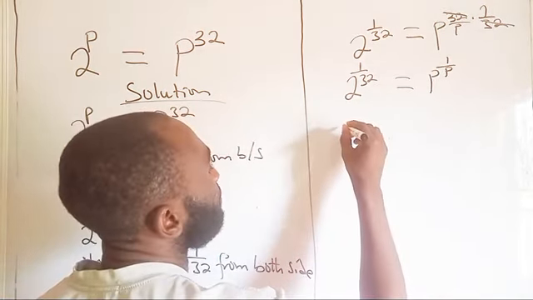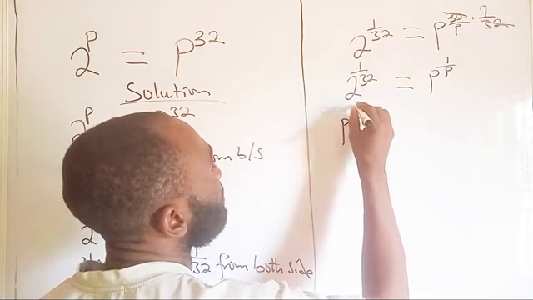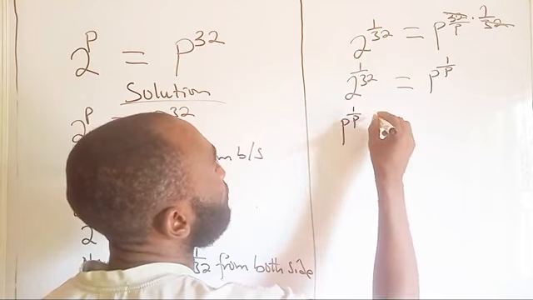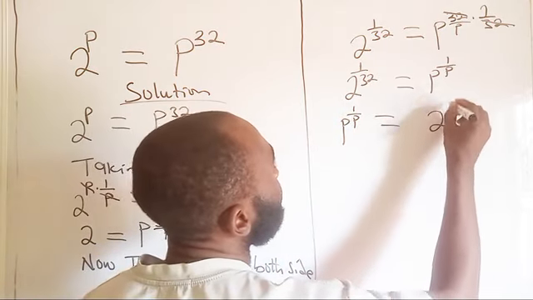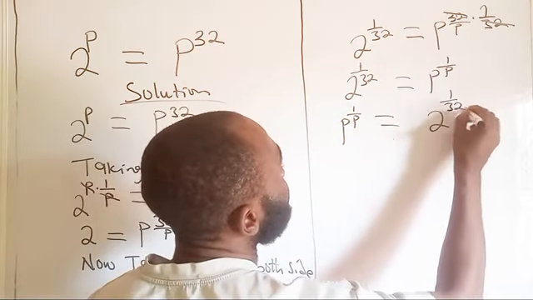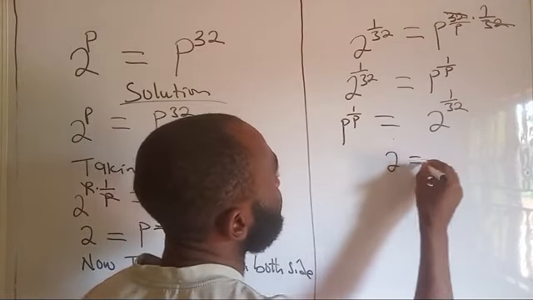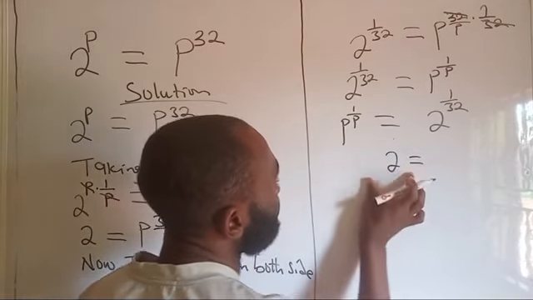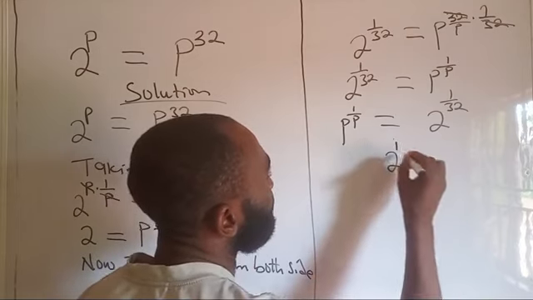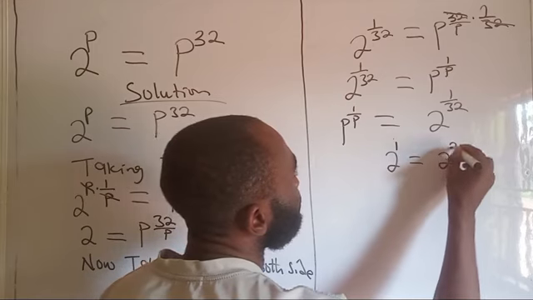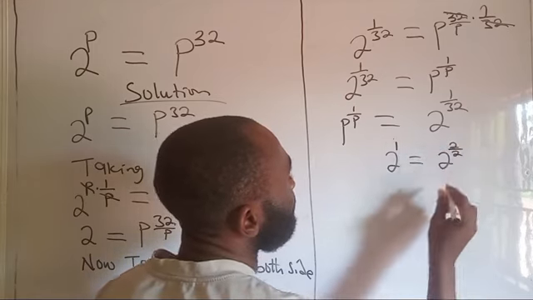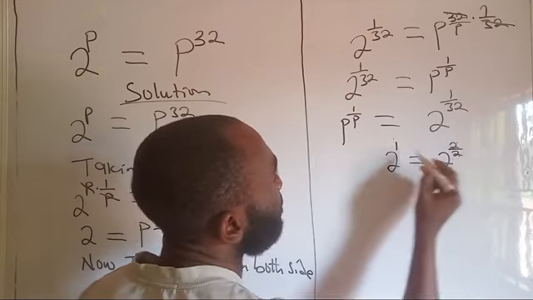So this is the same thing as p raised to the power of 1 over p is equal to 2 to the power 1 all over 32. So we know that 2 is the same thing as 2 raised to the power of 1, which is the same thing as 2 raised to the power of 2 all over 2, because 2 divided by 2 is 1.